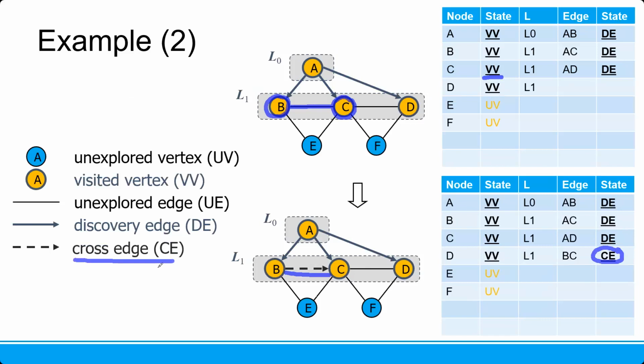It means the edge which is in the same level, or the edge which goes to another node that has been visited, we denote as cross. So it is already visited, then this is cross.